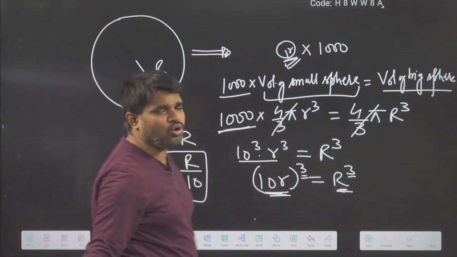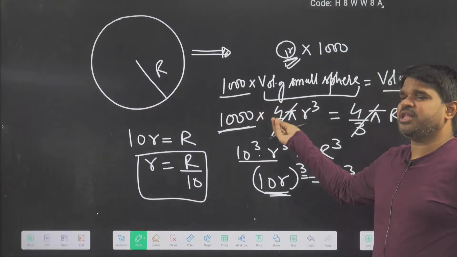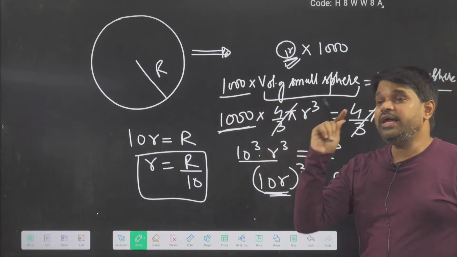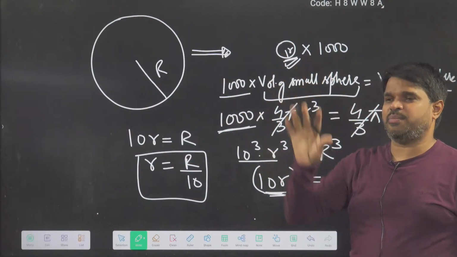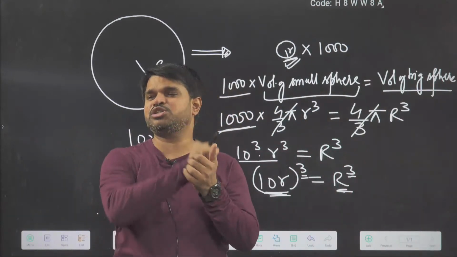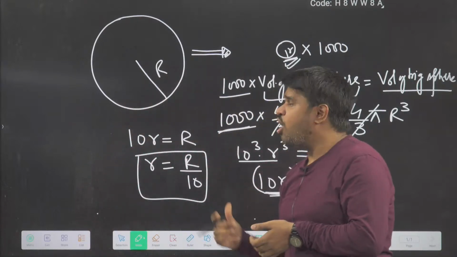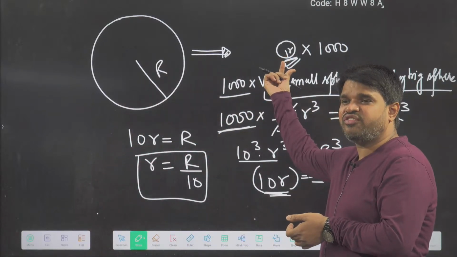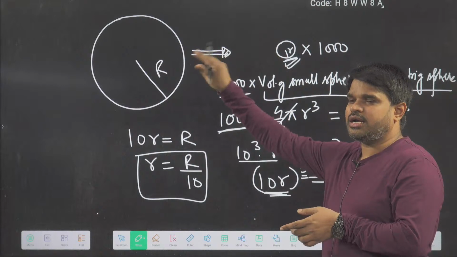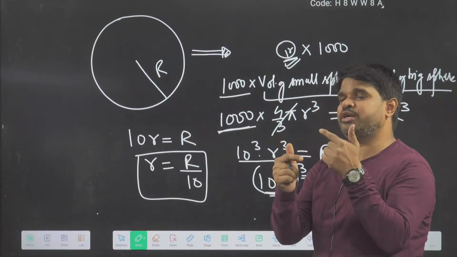Now this mathematics that I discussed will be useful in 2-3 chapters where a big sphere will be divided into multiple small spheres. We have to write the radius of a small resulting sphere in terms of the big sphere. Try to think in the opposite manner.